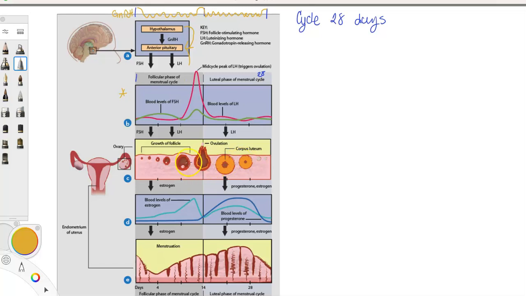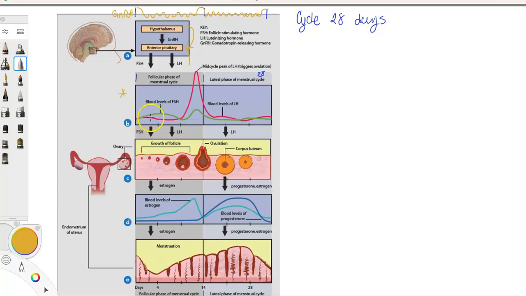Okay, so if we go on down here to look at what's happening with estrogen and progesterone. So here's day 1. Estrogen is starting to build. It's starting to go up. And luteinizing hormone is kind of what helps to start this.